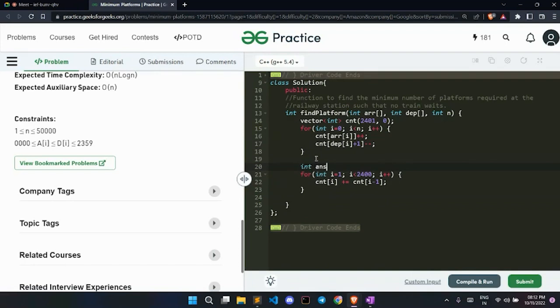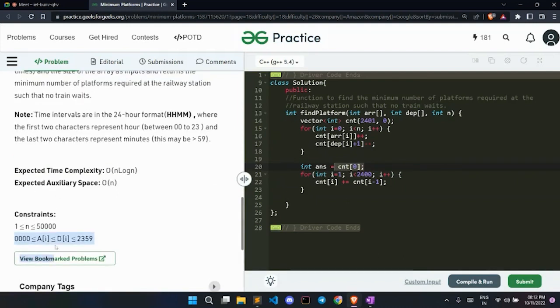So I will initialize answer as count of 0 because we are not going to add anything to this 0th index. It means at the 0 instance there is no previous instance, so we will not add anything to it, and we will take answer is equal to max of answer comma count of i. So for all the instances, we will take the max of answer comma count of i and return the answer.